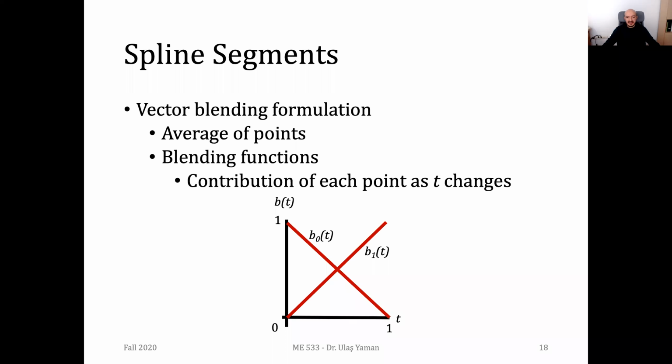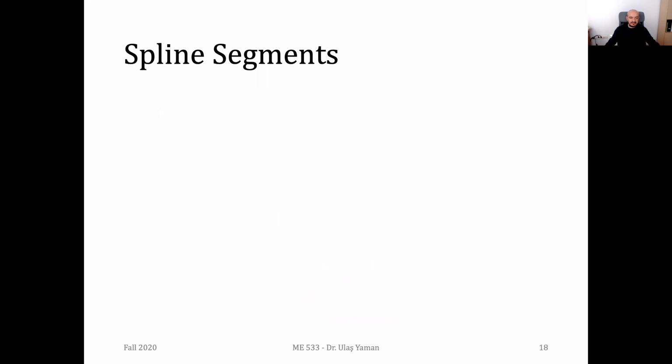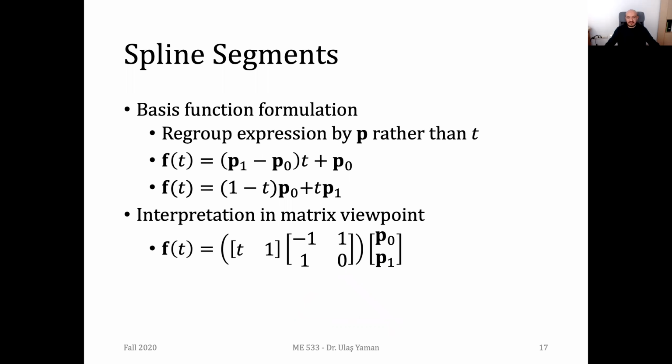So in our linear case, again, we can have a different representation, but the same line. And right now we are going to use basis functions. This is the first basis function and the second basis function. If you look, let me jump to the previous slide. Yeah, here you see the basis functions.